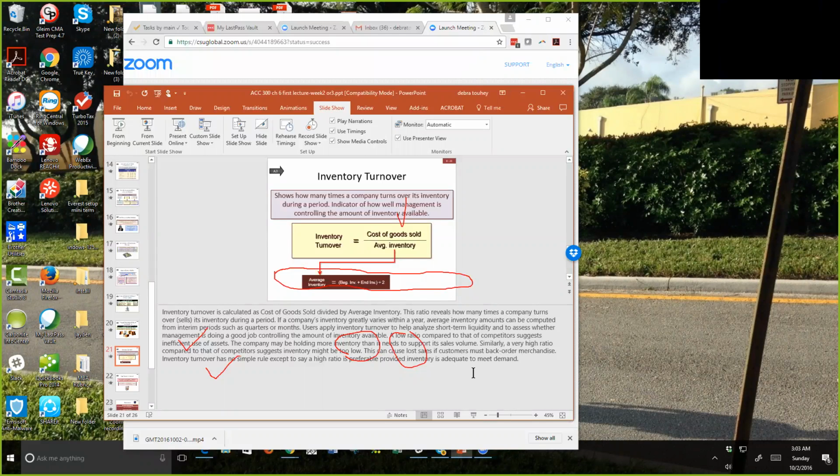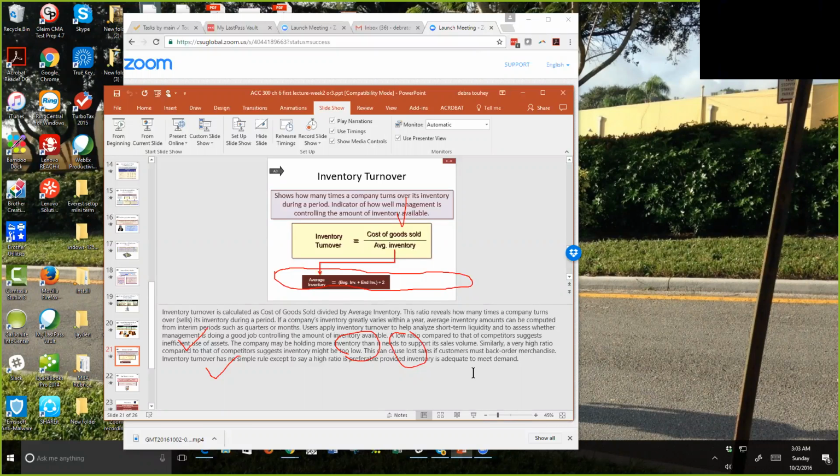Just from the sound of it, how often are you turning over your inventory? And it helps us see, we can compare again with ratios to our competitors. We can see if we're turning over our inventory as fast as the firms that we compete against. We can also compare to how we did last period or last year.